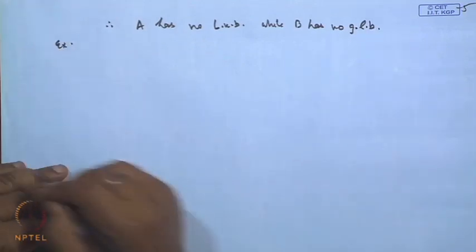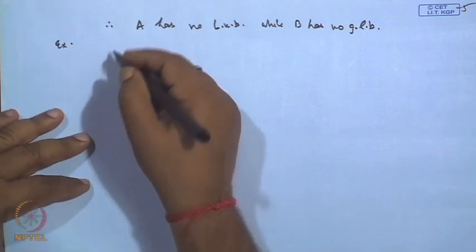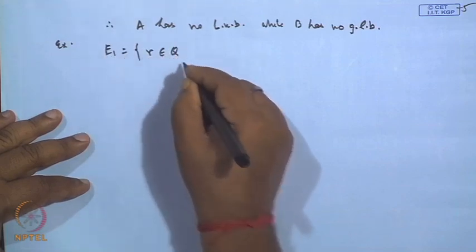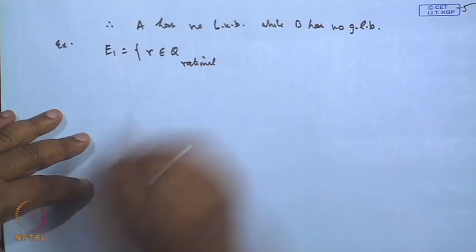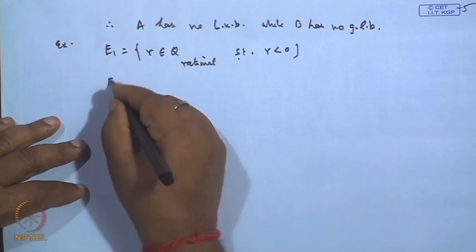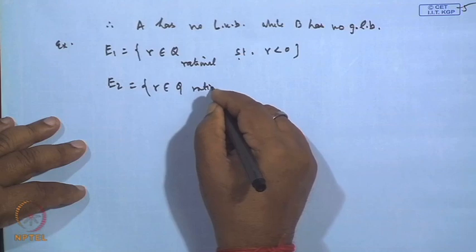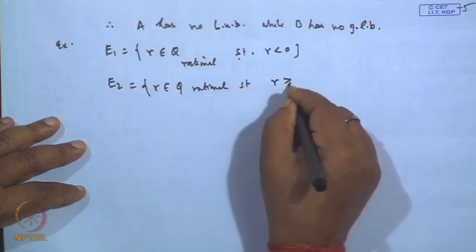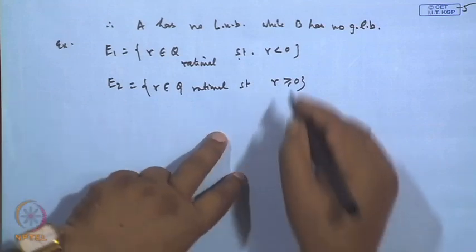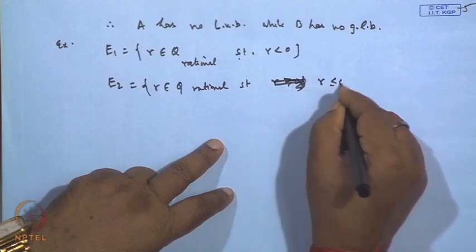Let us take another example. Suppose I take the set of rational numbers. Let E1 be the set of all rational numbers r belonging to Q such that r is strictly less than 0, and E2 be the set of all rationals such that r is less than or equal to 0.